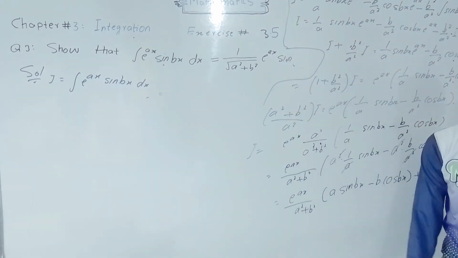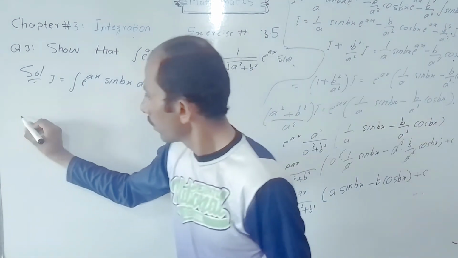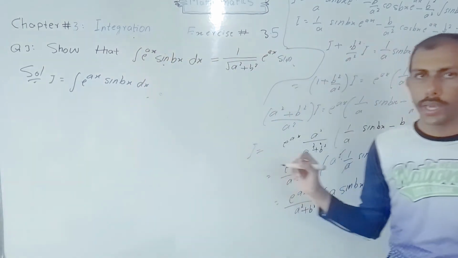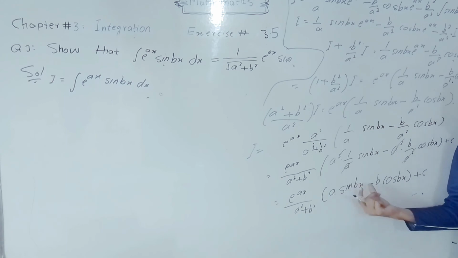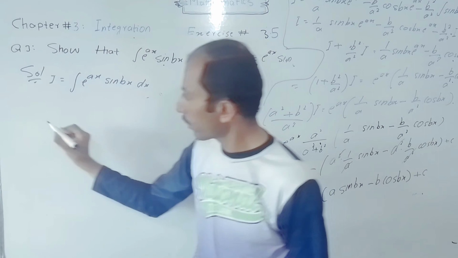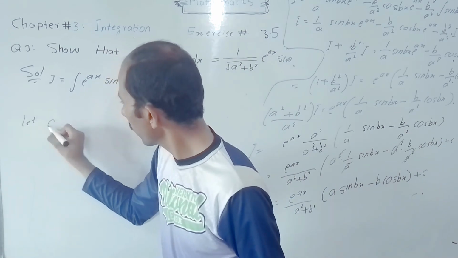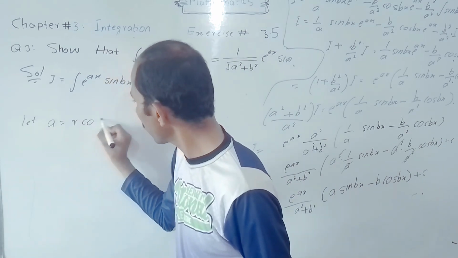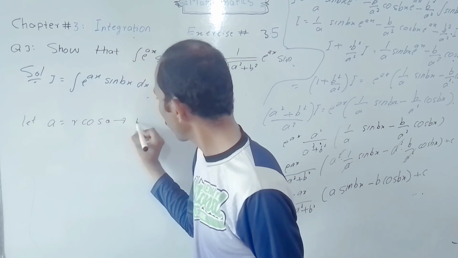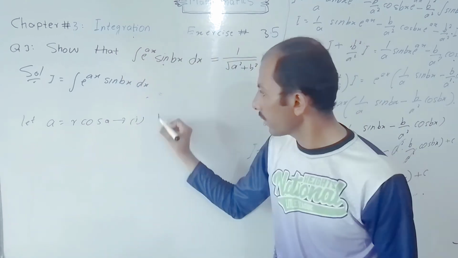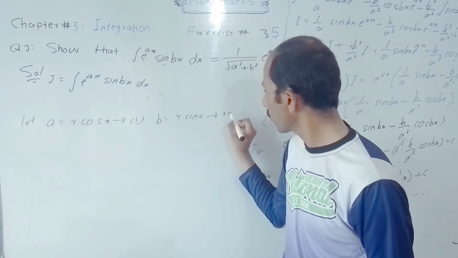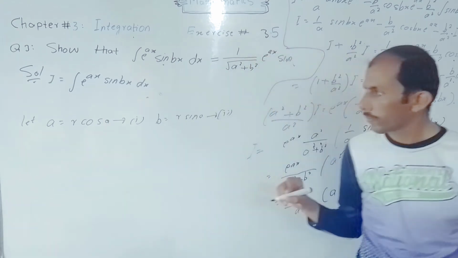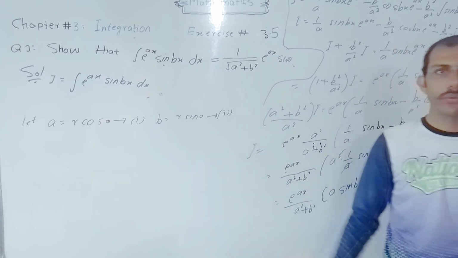equal to, next put: e power ax divided by a square plus b square, a sin bx minus b cos bx. So let a is equal to r cos theta, number 1, and b is equal to r sin theta, number 2, adding and squaring 1 and 2.